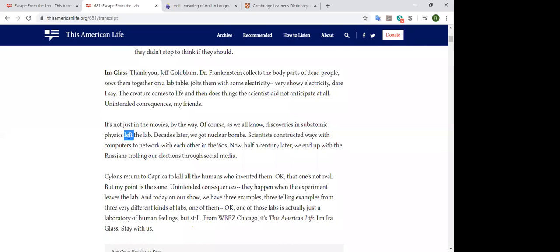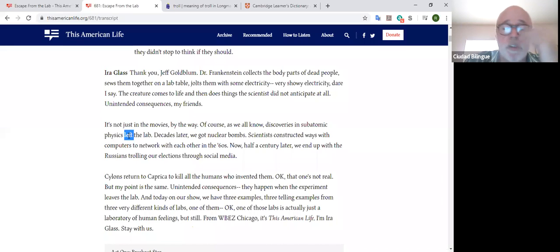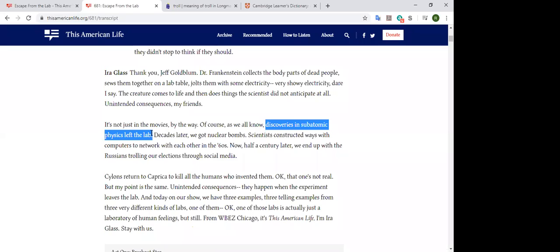Yes, to leave, to not be at the lab anymore, to go out into the world. So the discoveries left the lab, just like Colton left the Bachelor. Could I change discoveries into findings? Yes. All right.